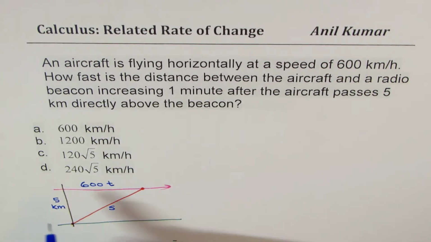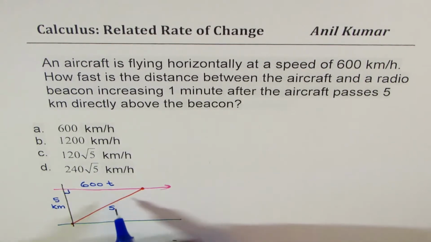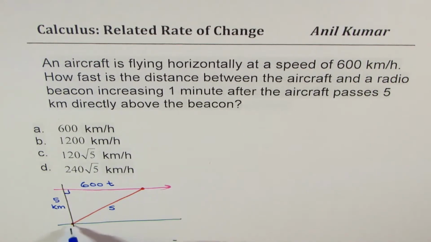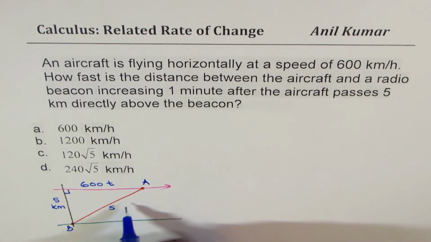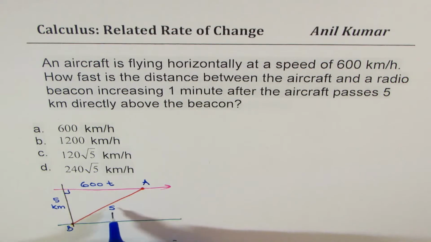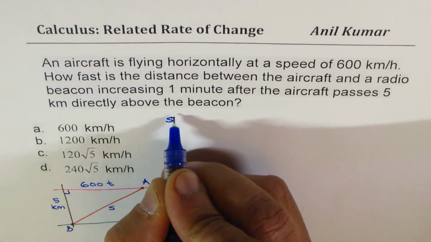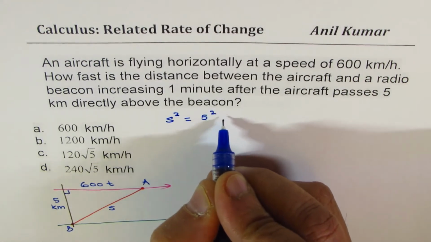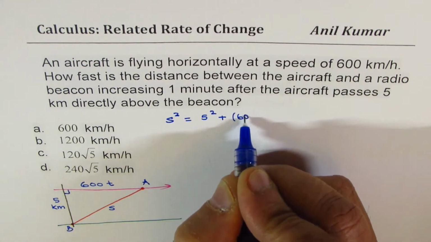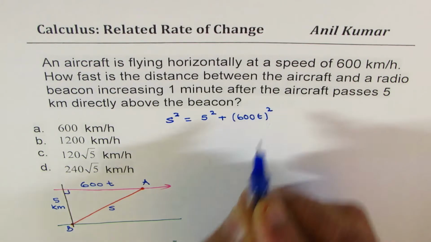Now this is a right triangle. So in this triangle, we can relate the separation between the beacon B and the airplane A with the Pythagorean theorem, right? So we could write this as S square is equal to 5 square plus (600t) whole square.